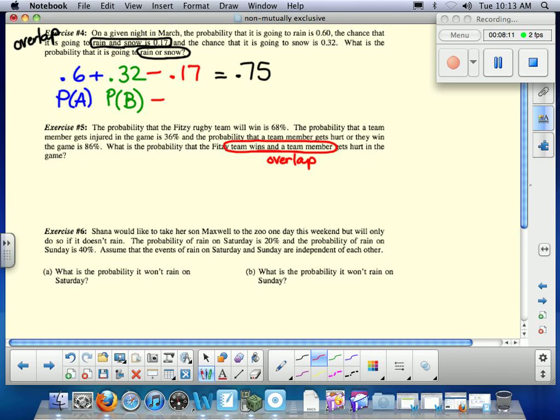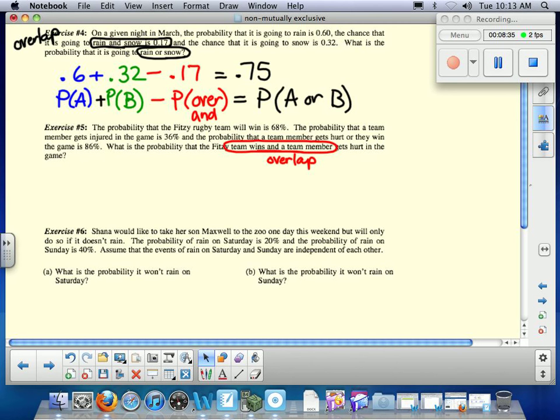Then we minus the probability of the overlap. Overlap is the word "and," our clue. And that's going to equal the probability of A or B. Okay? And that's what our formula says on the front.